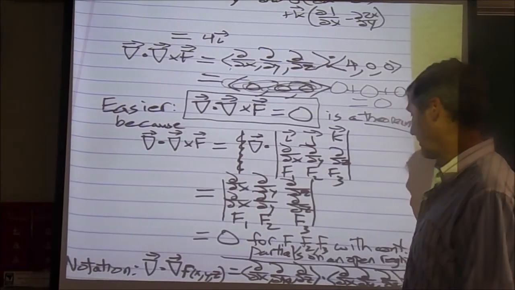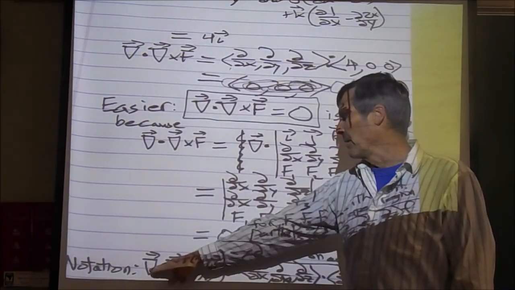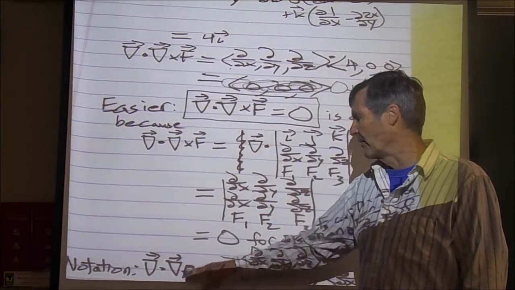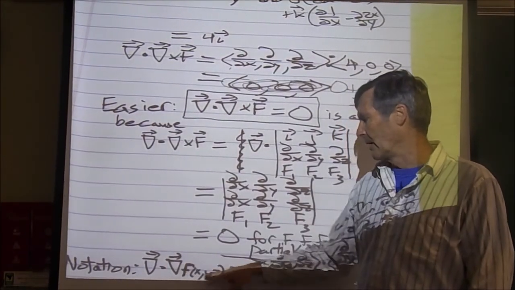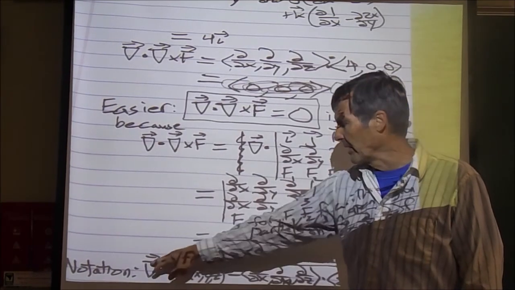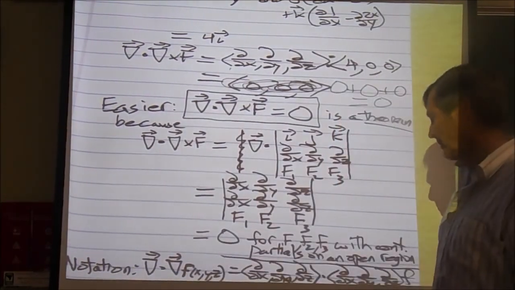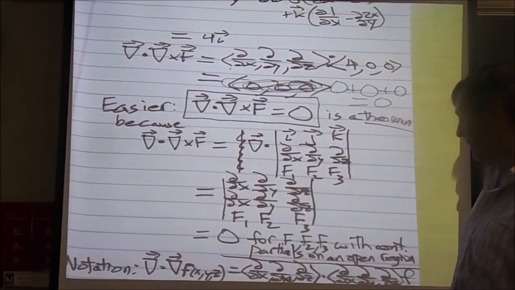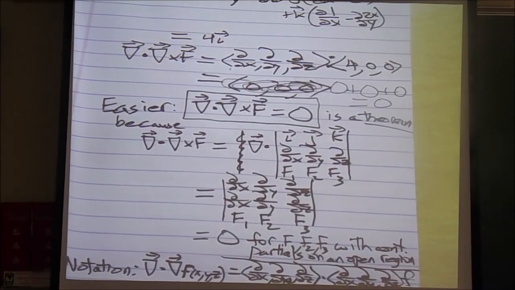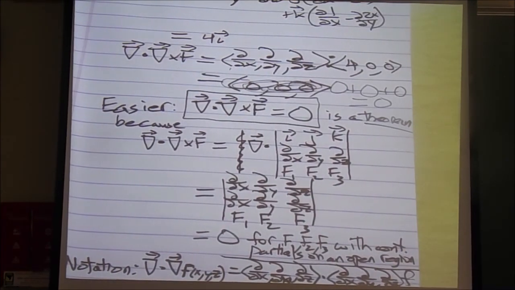Finally, there's a similar term. If you take del dot del operating on a function, you take the gradient of a function, then take the divergence of that. What do you get? You don't get 0. You get an interesting result that is important in lots of partial differential equations.